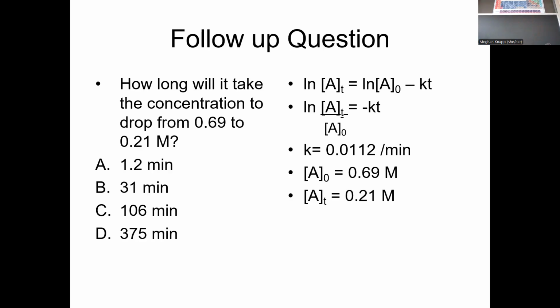If our first one was, I forget how many minutes that was, but that was just a short number of minutes, and we only went down by 0.09. We would expect this to be a lot of time. So 1.2 minutes doesn't make a lot of sense. And 31 probably isn't enough to go that far. So this does make a lot of sense. So yeah, 106 minutes is the right answer. Okay. Next one.